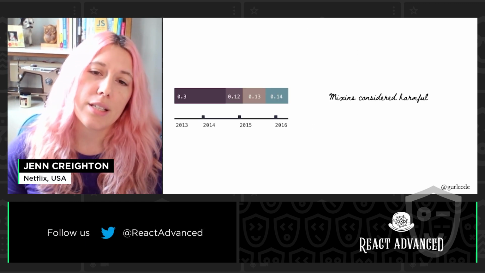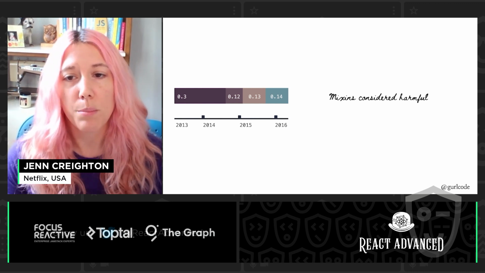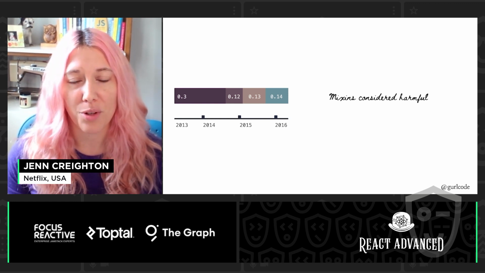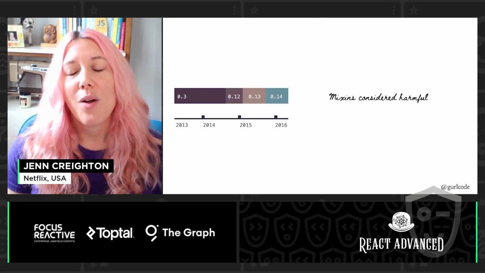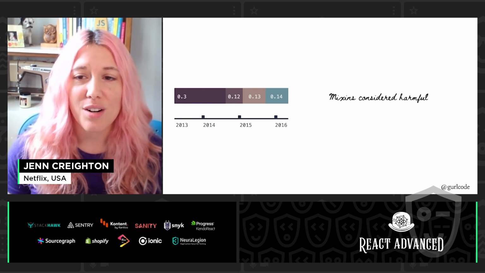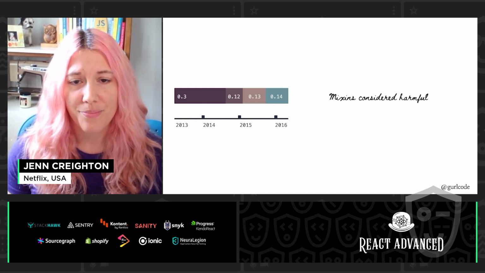In early 2016, a new blog post is published to the official React blog. Its title is Mixins Considered Harmful. Okay, what happened? As of 13, mixins aren't deprecated and aren't going to be deprecated, so what changed?